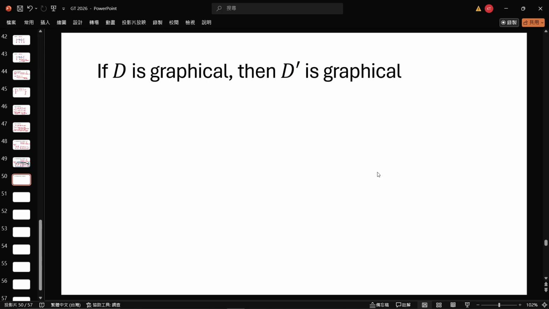Okay, now the first one. So for this one, we have a graph that can realize the original degree sequence, okay? And I want to show that the simplified one is also graphical.